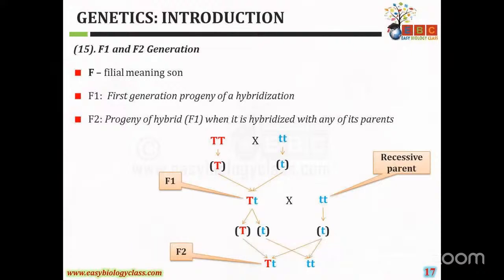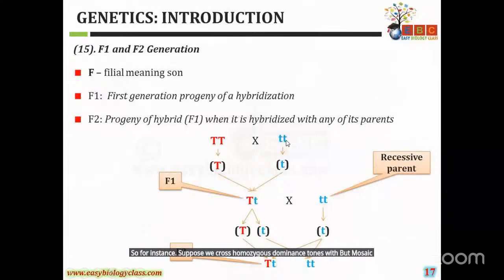So you can go on and on having F1, F2, F3, F4, and so on. So for instance, suppose we cross homozygous dominant for tallness with homozygous recessive for dwarfness.